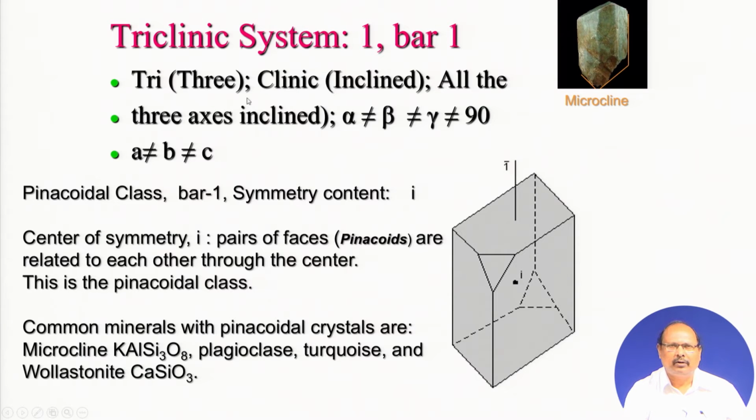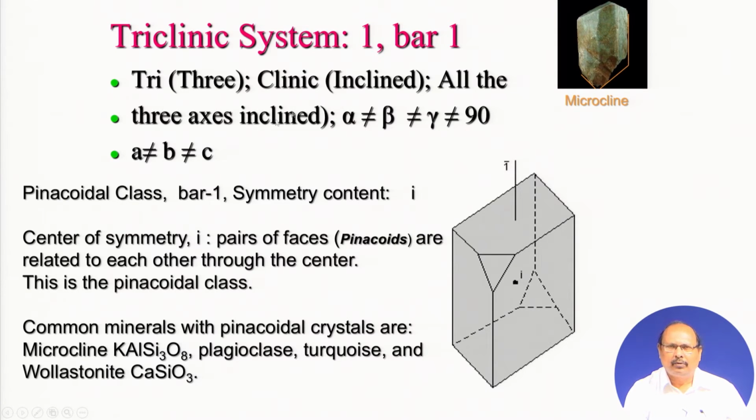That means all the 3 crystallographic axes are inclined. What does it mean? It means that in this case alpha is not equal to beta, is not equal to gamma, is not equal to 90 degrees. And also A is not equal to B, is not equal to C.